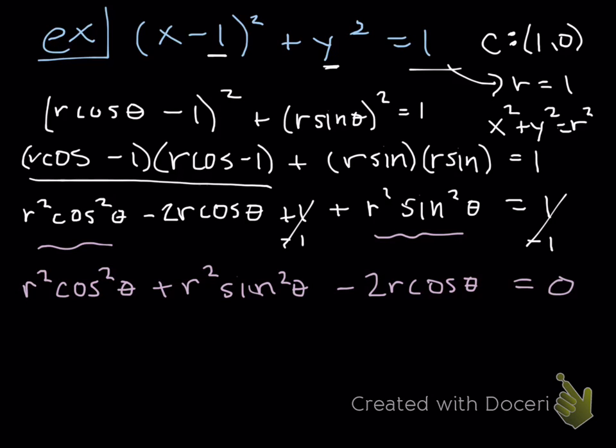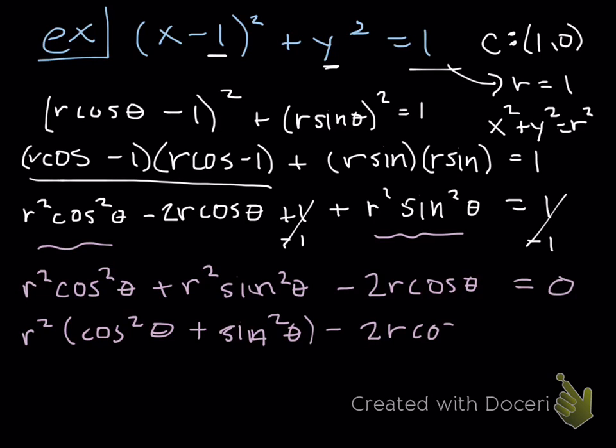And these first two terms I can take out an r squared, and when I do that I'm left with cosine squared plus sine squared. And I still have this minus 2r cosine.